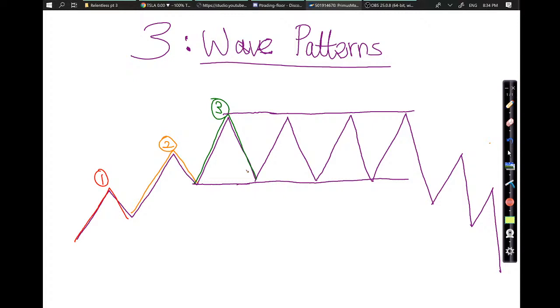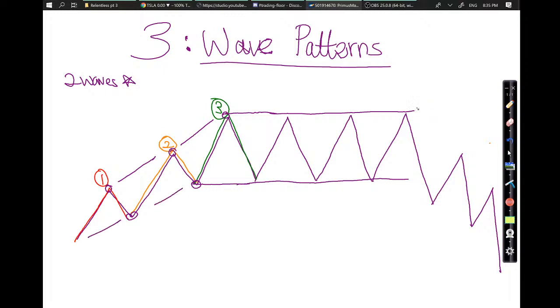Now you can see when something makes a higher high and a higher low consecutively for 2 waves, this is when something forms an uptrend, okay?